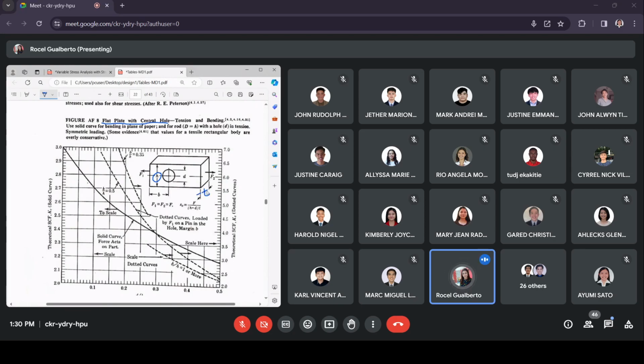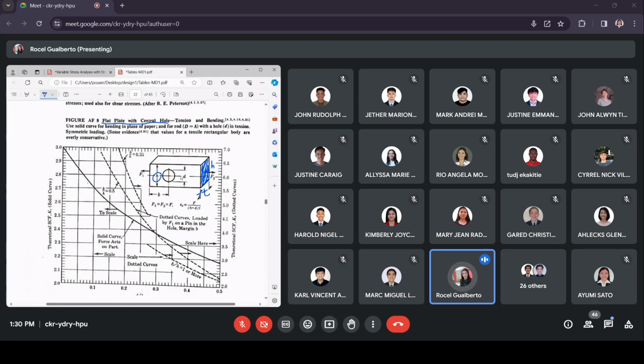So this is its cross section, and the dimension of the cross section of your flat plate would be H by T, the height and the thickness of the plate. And then for the diameter of the central hole, you use small letter D.